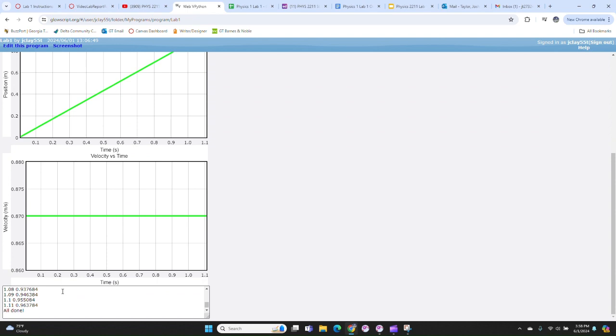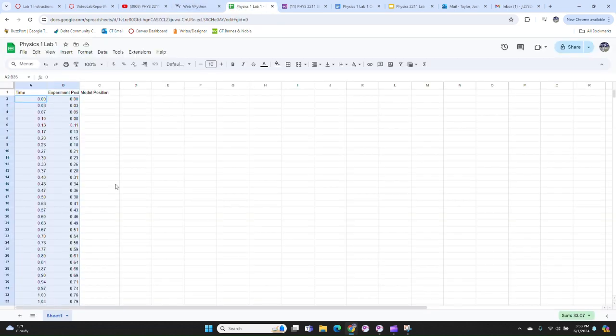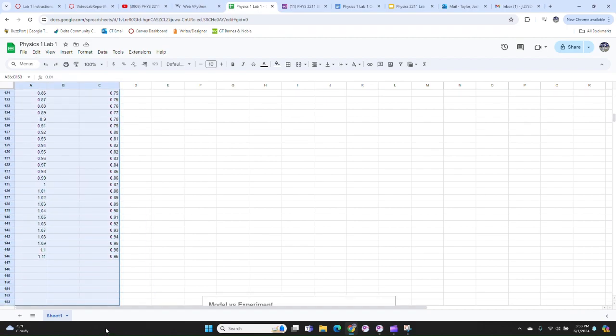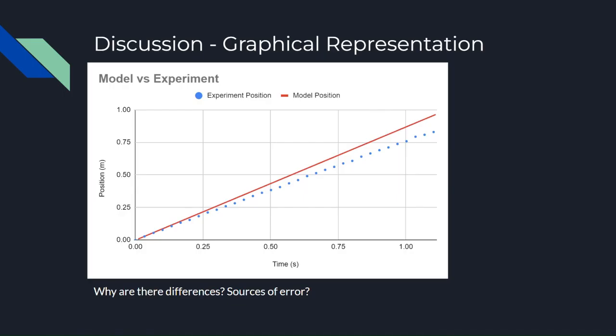Running this code generates timestamps and positions of the ball as it moves through each loop of the while loop. And I took this data and put it in my spreadsheet with the other data from Tracker. The data from the spreadsheet was used to generate this graph, which models the position of the ball in real life from the experiment, as well as the position of the ball from the computationally generated model.